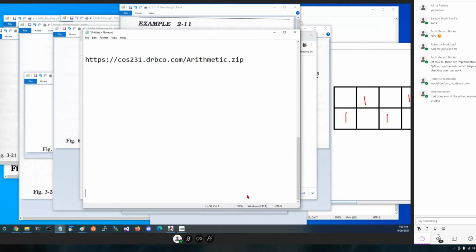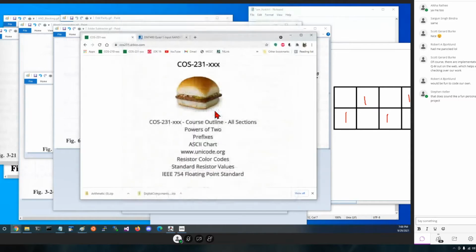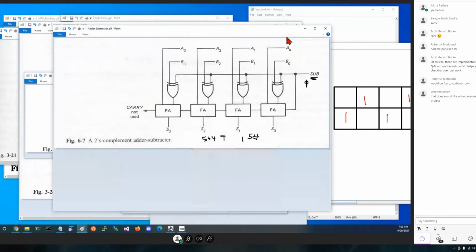Let me kind of clean my screen up here. We're going into a different set of things right now. Don't save. Keep that.